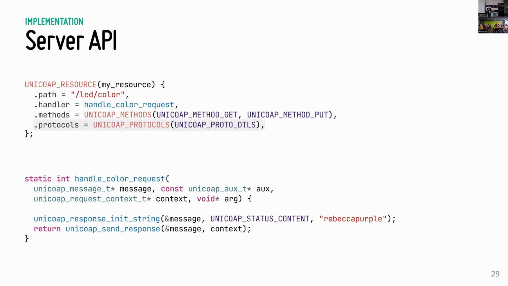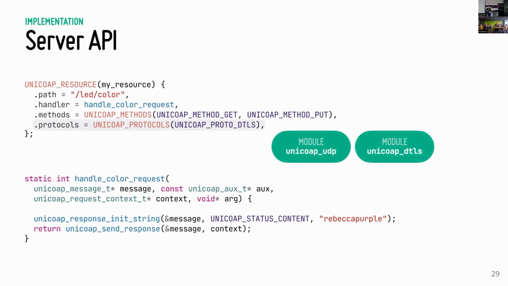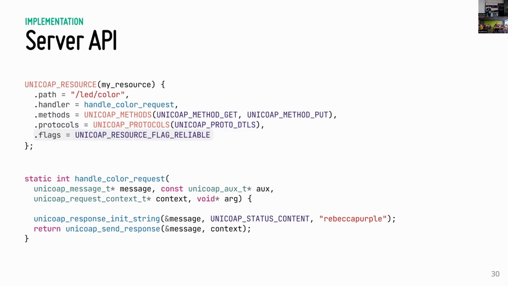If there happens to be a use case where your application can or should only be reached over encrypted transports, for example, you could restrict the set of protocols you want your resource to be reached over. And these transports are again modularized into different modules. If you do want to use confirmable messages for the response, you can tell unicoap to do so.